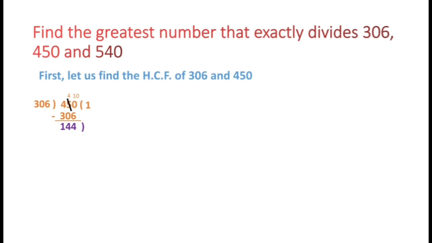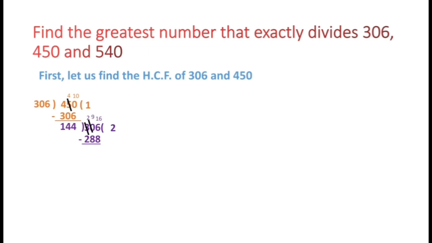Now we will start another division, in which 144 will become the divisor and 306 will become the dividend. The last divisor will become the dividend. Now how many times do we get? We can take 2 times. 144 twos are 288. 3 will become 2. 0 will become 9. 6 will become 16.